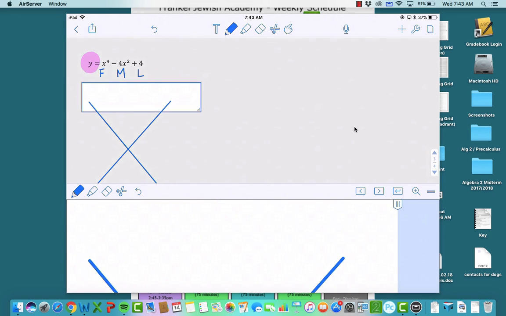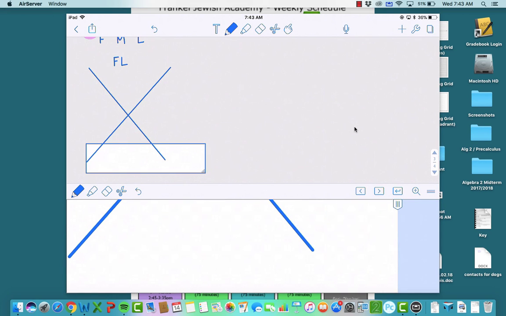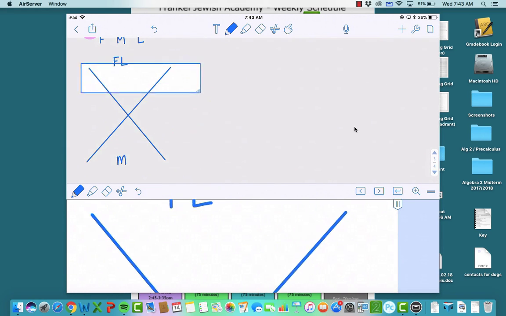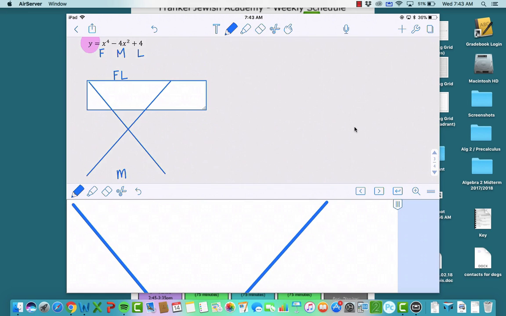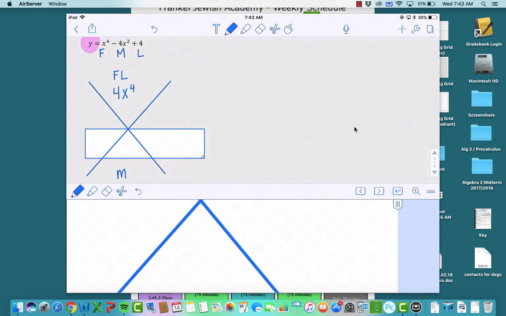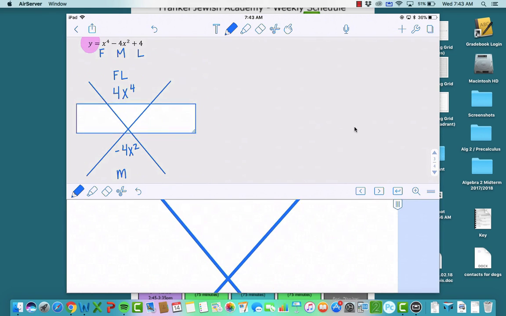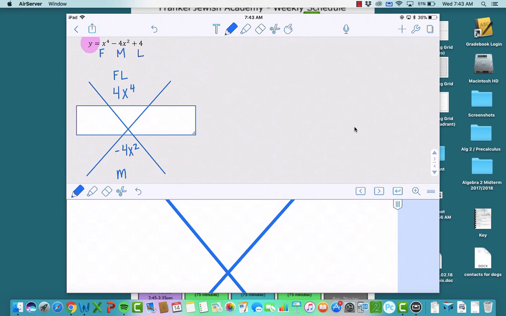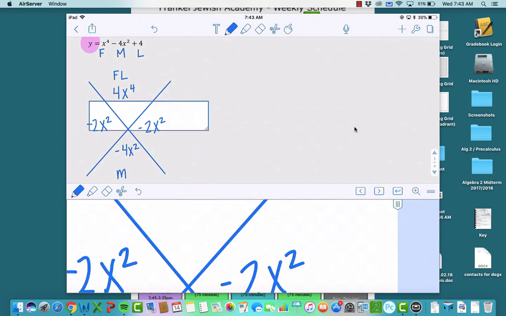You do the first term and last term on top, and the middle term on the bottom. So the first term times the last term is 4x to the 4th, and negative 4x squared. So what multiplies to this and adds to this? Negative 2x squared and negative 2x squared.